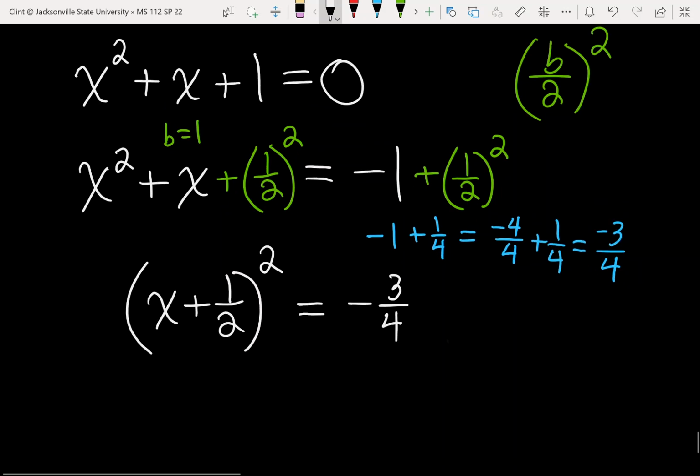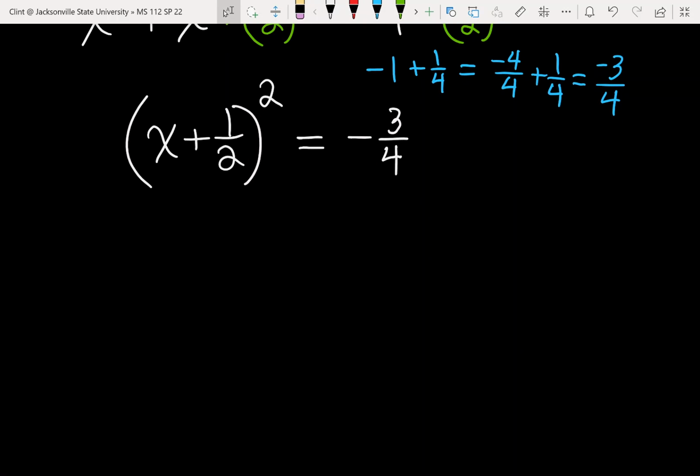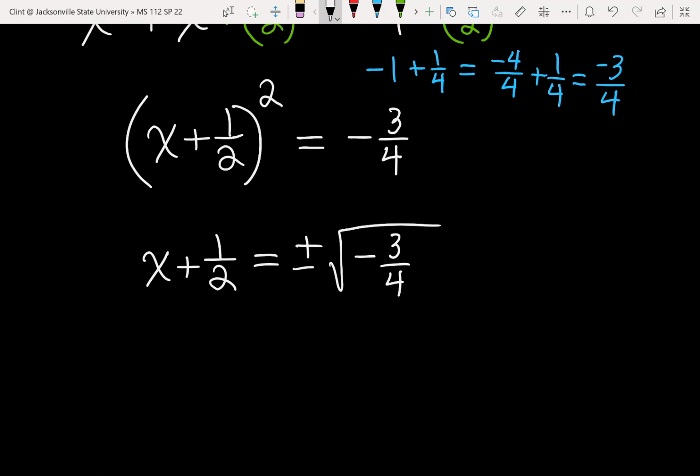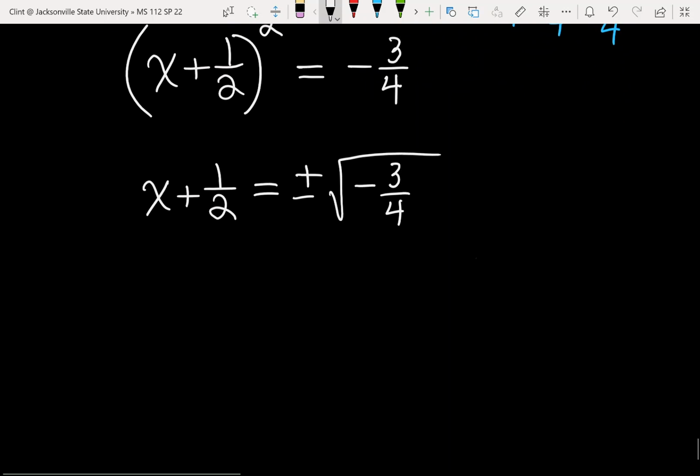We take the square root of both sides. On the left, just leaves us with x plus a half. All right, we got plus minus square root of negative 3/4, which is a little messy. But we can simplify it. It's negative, so I'm just copying the left side down.